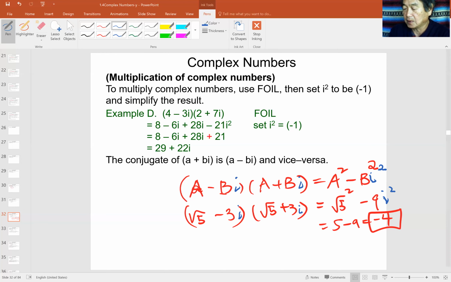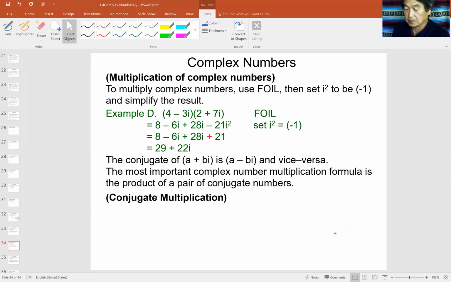The i squared times 9 is minus 9, so I actually get 5 plus 9. I will get 14. Okay, so here is conjugate multiplication.